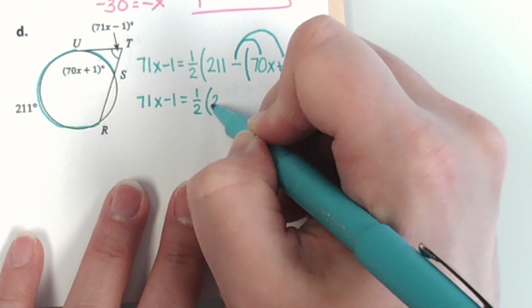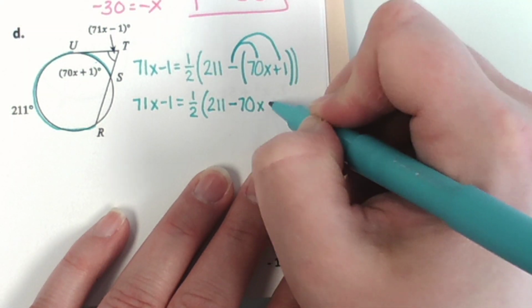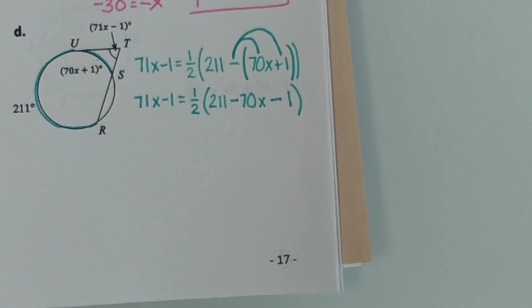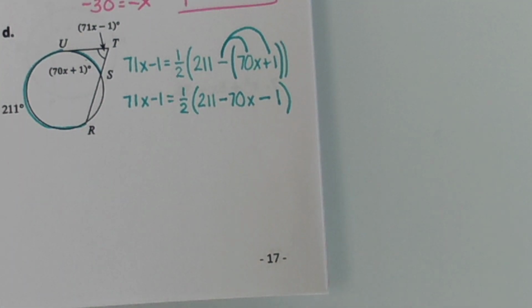I still haven't touched all of this stuff. I'm subtracting the 70x. I'm subtracting the positive 1. Now I combine like terms and solve. From here, people don't tend to have a problem. People tend to forget those parentheses, and if you forget those parentheses, it's wrong.